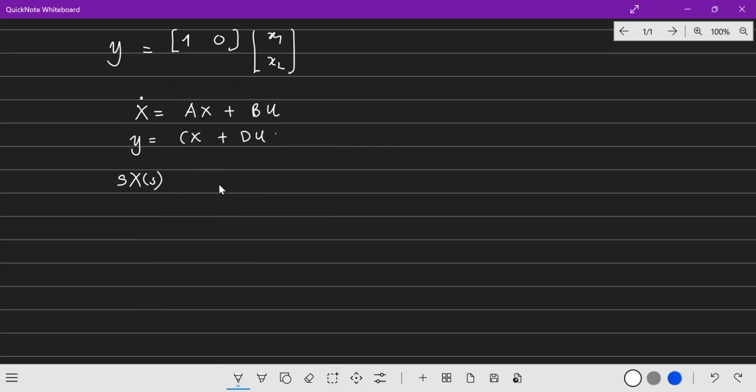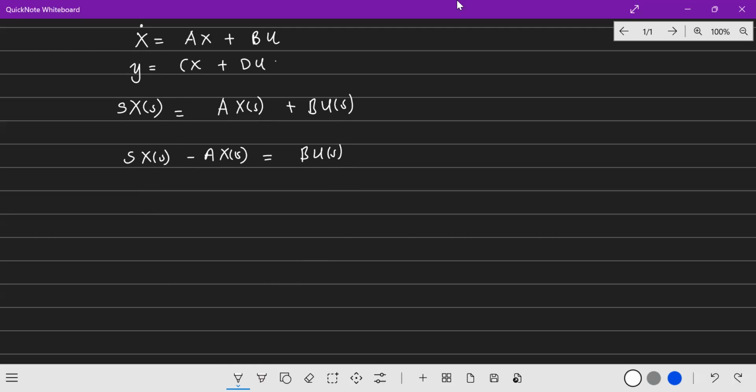And this is equal to AX(s) plus BU(s), okay? And then from this, let's solve for X(s). So I'll take this sX(s) minus AX(s) equal to BU(s). Next, we're going to factorize X(s).